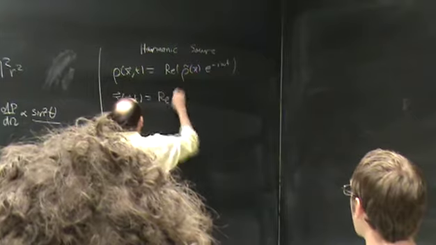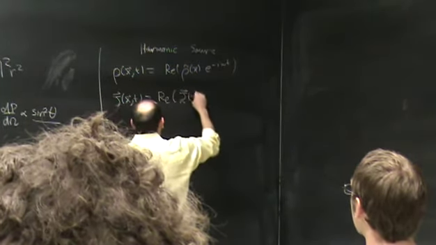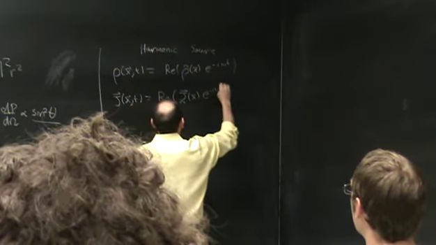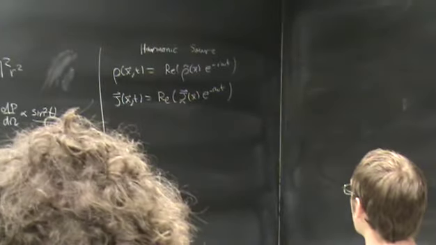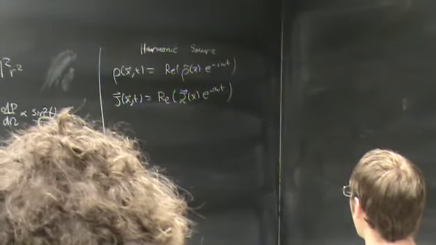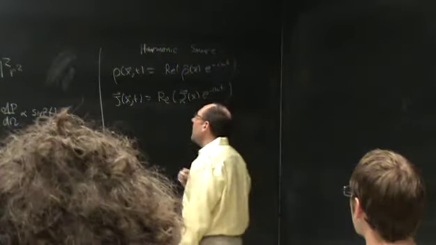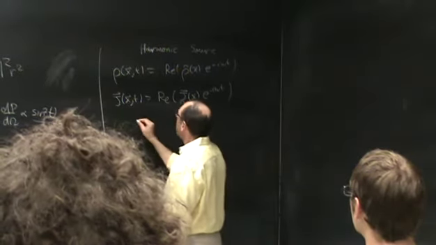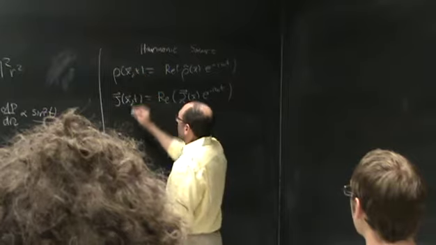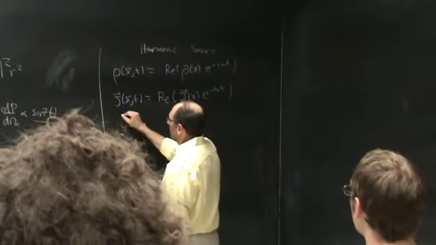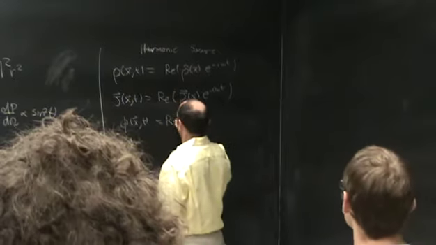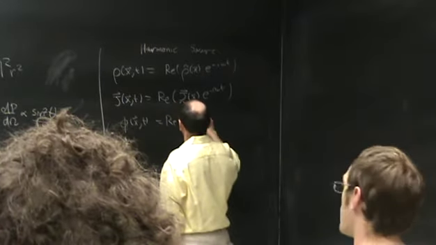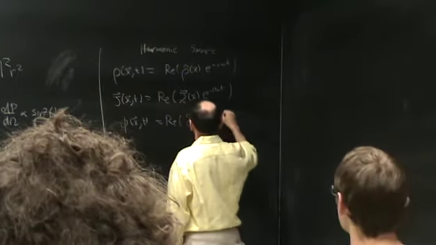And similarly for the current density, okay? In which case, in the Lorentz gauge, the scalar and vector potentials are also oscillating with that same frequency.